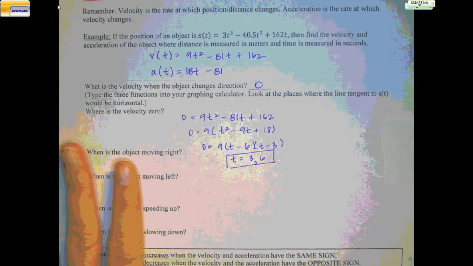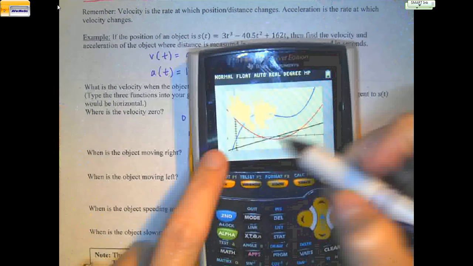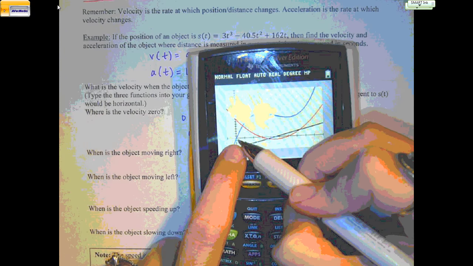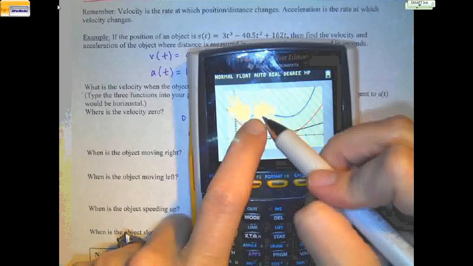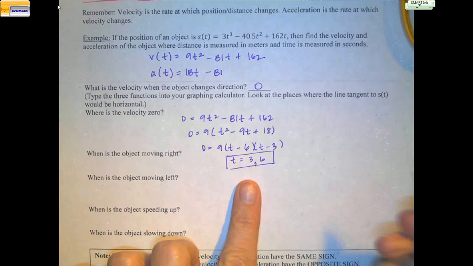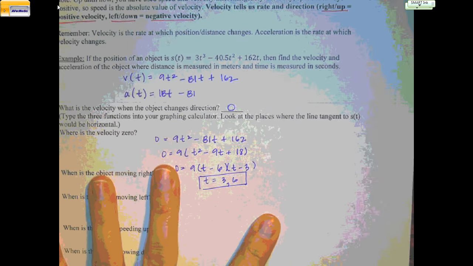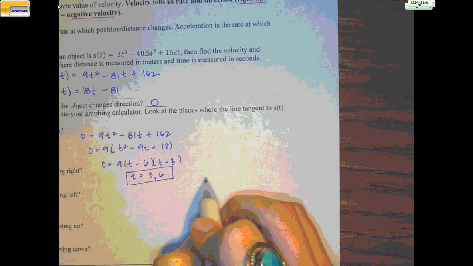Now, we can tell from our graph, the first one, the blue one, that the position is headed to the right or up or whatever, and then changes direction. It's at those places that we just figured out, where the velocity is 0, that it changes direction. Now, here's the thing about figuring out the right and the left: you're going to write yourself a little number line off to the side.